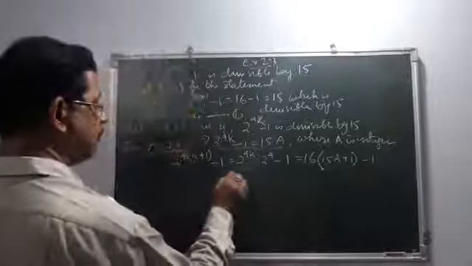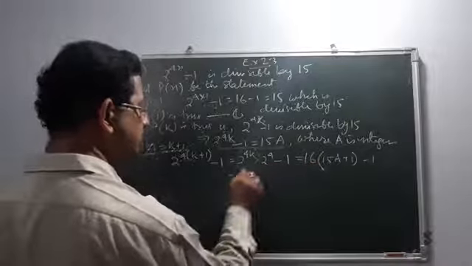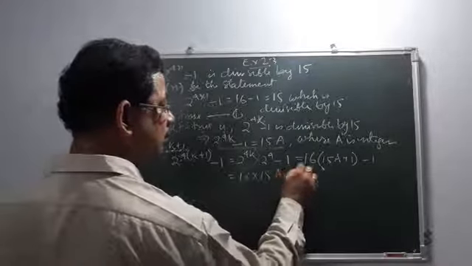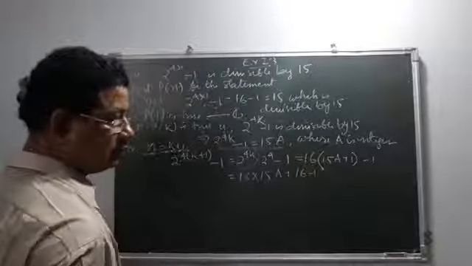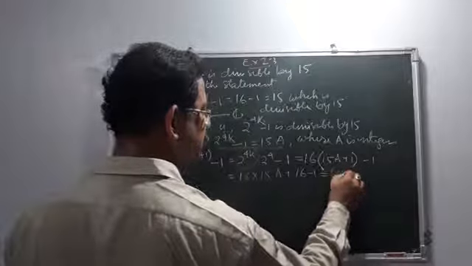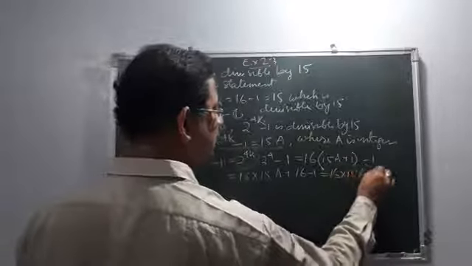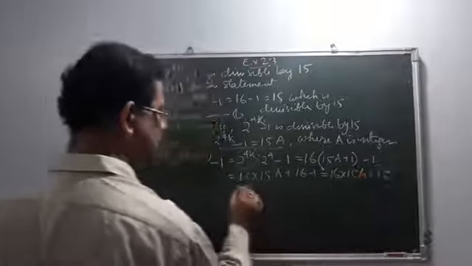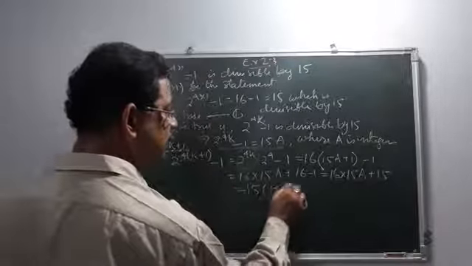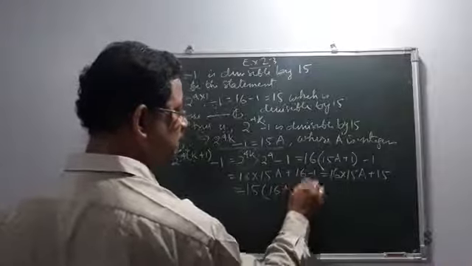So we can write 16 into (15a plus 1) minus 1, that is 16 into 15a plus 16 minus 1, that is 16 into 15a plus 15. If we take 15 common, then it is 15 into (16a plus 1).